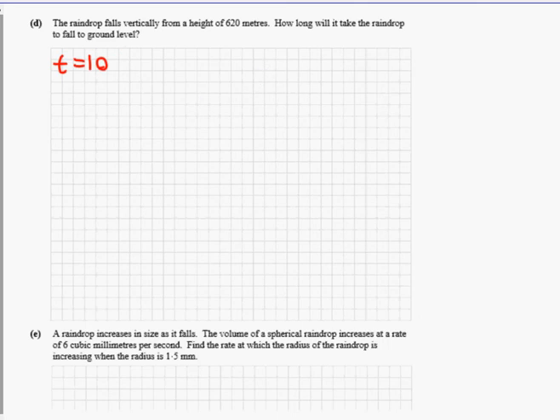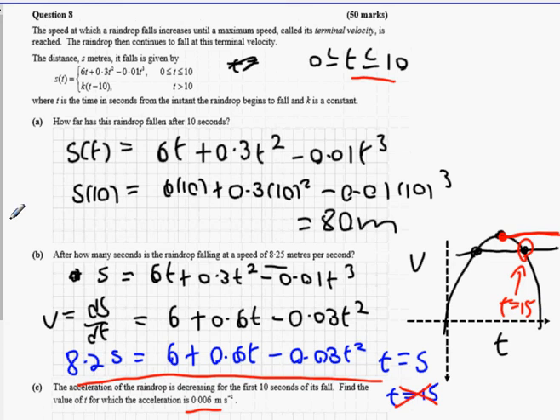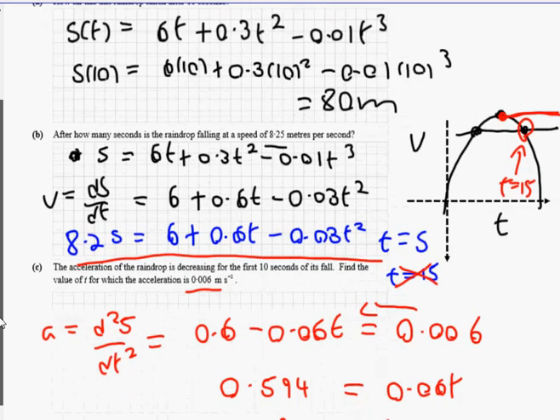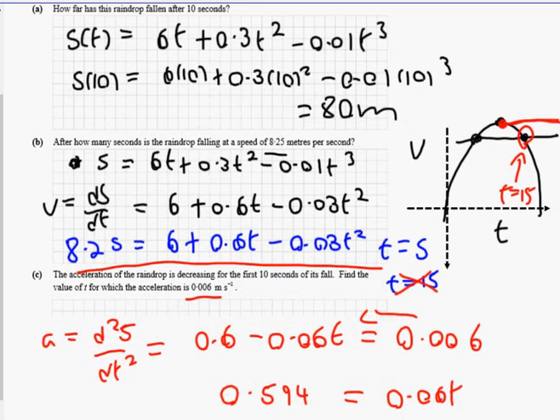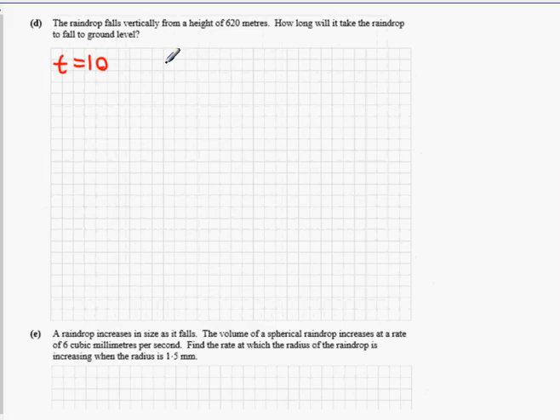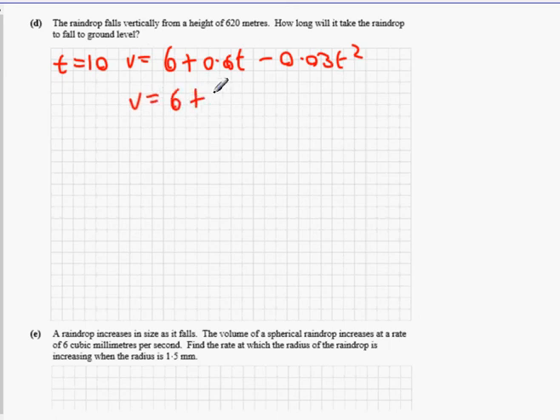We know that the velocity equation is, where is the velocity equation? 6 plus 0.6t, and minus 0.03t squared, right? That's our velocity equation. Can somebody plug in 10 there? Just tell me what you get.